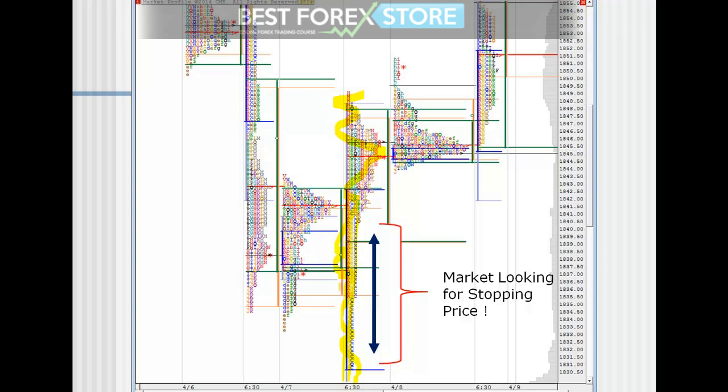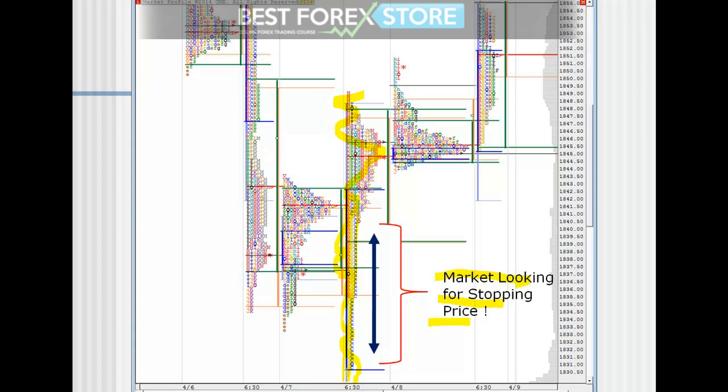So what's going on here during this first phase of the trading session? The market was looking for a stopping price. This is what the market was doing down here. It was rotating upwards and downwards. There was initially a strong buyer, and then the buyer met sellers in B period, which brought them back below the open and below the low.